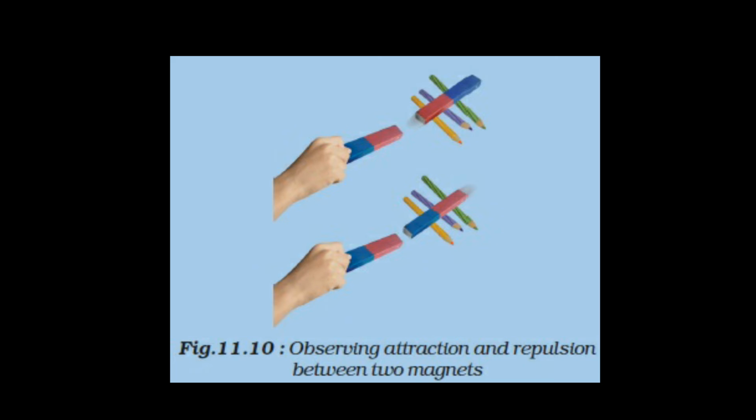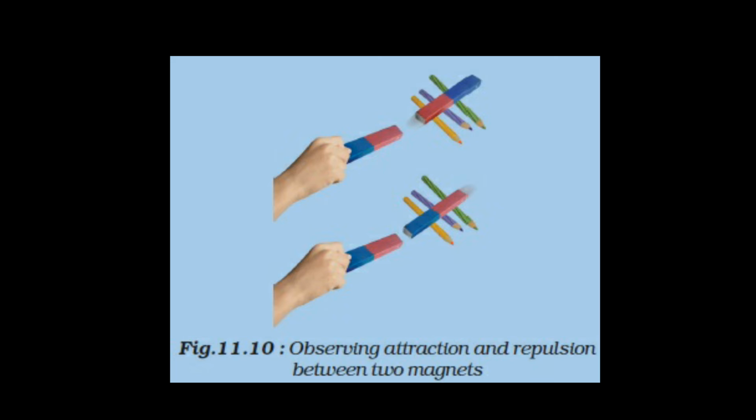For this activity, we take a pair of bar magnets and three round pencils, which act as rollers. On these pencils, we put one magnet, and another magnet we hold in our hand. When we bring the south pole of the magnet to the south pole of the other magnet, we see the magnet which is on the rollers moves away.